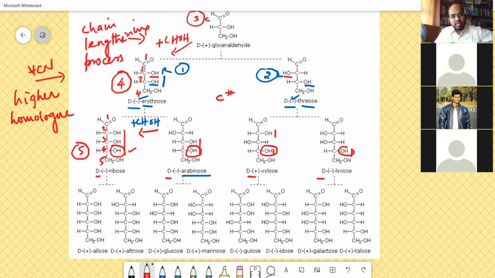All 4 sugars means ribose, arabinose, xylose, and lyxose. Then we measure the plane polarized light activity and establish whether it is D minus or D plus.